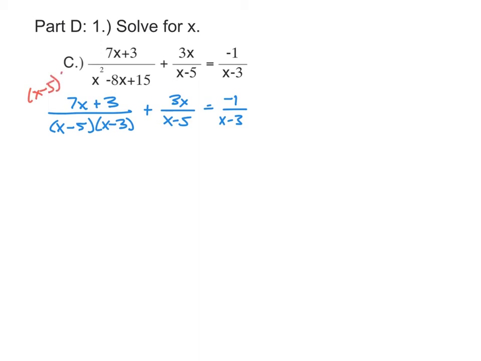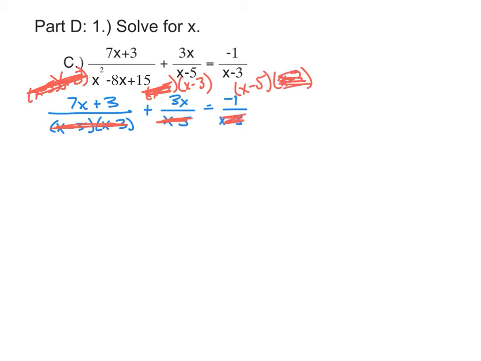And that common denominator is going to need an x minus 5 and an x minus 3 in it. And that'll be it. Now, cancel everything that we can out of the denominators. In my first fraction, both the x minus 5 and the x minus 3 will cancel. In the second fraction, it's only the x minus 5. And in the last fraction, it's only the x minus 3.